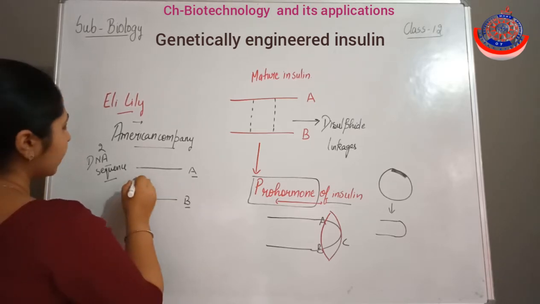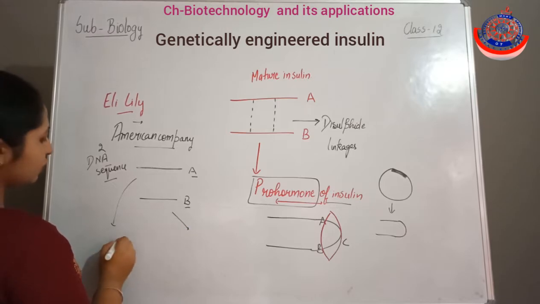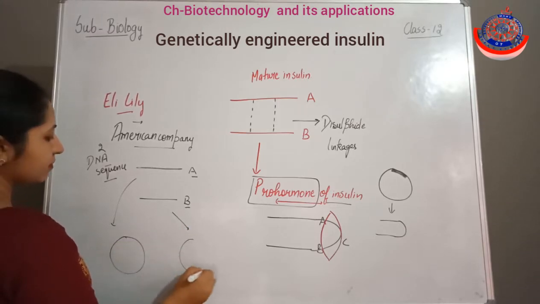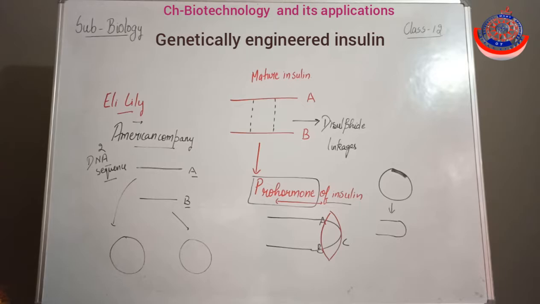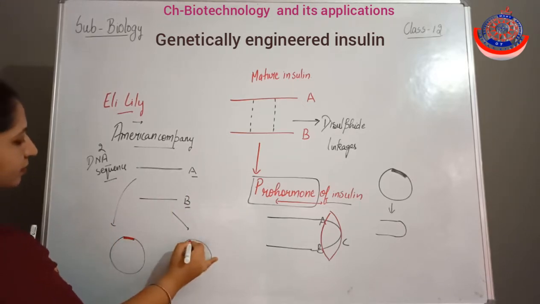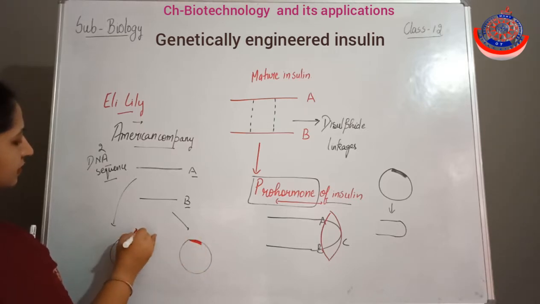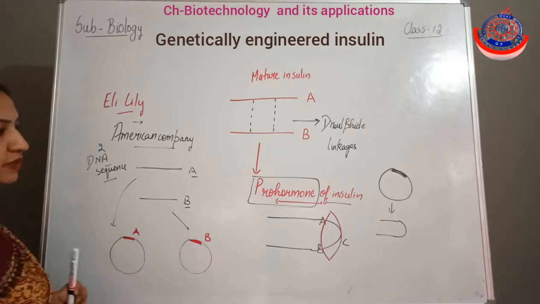Then they introduced both sequences separately into the E. coli plasmid, A and B.